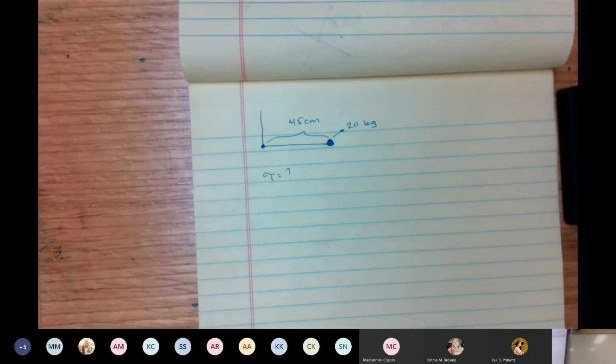The angle that you're looking for is the angle between the force and the radial line. So the force in this case is the weight of the dumbbell. So it'd be going down, okay.